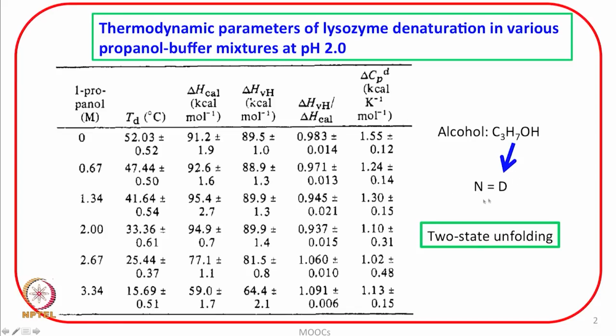Therefore, the equilibrium will be shifted towards the right and hence you see the decrease in the transition temperature. The data here does present some sort of complexity in this case, because the calorimetric enthalpy is slightly increasing with increase in concentration. And this aspect I will discuss a bit later.